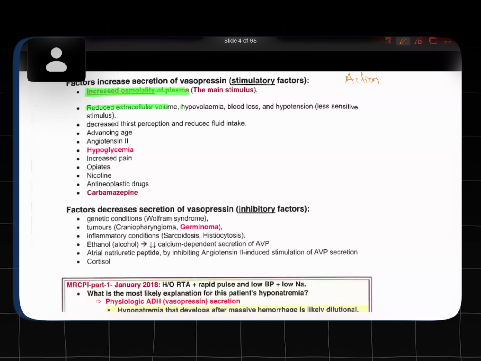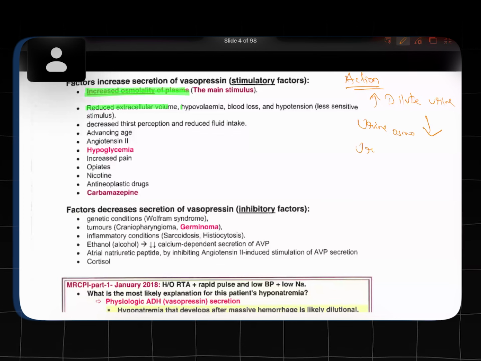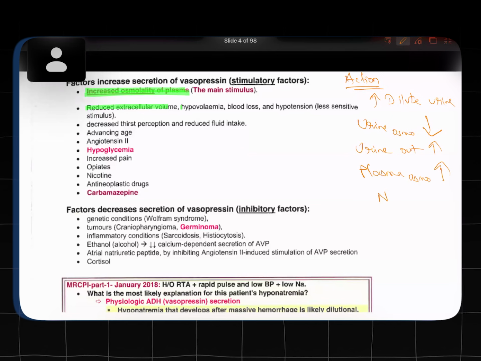It decreases urine output, giving concentrated urine. Hence urine osmolality will increase. With more water retained, plasma osmolality will fall and consequently plasma sodium will fall.